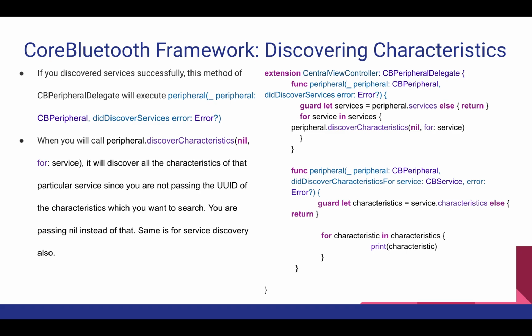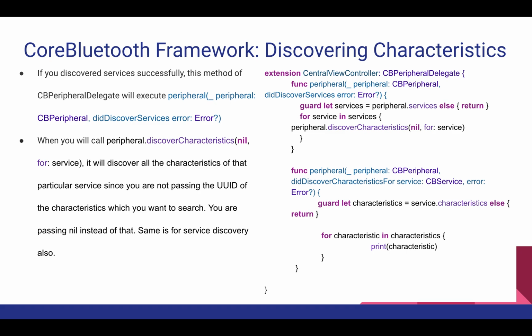On success of our discovery, the didDiscoverCharacteristicsFor service function will be called here, and all the available characteristics will be here. We can get all the available characteristics by service dot characteristics, right?